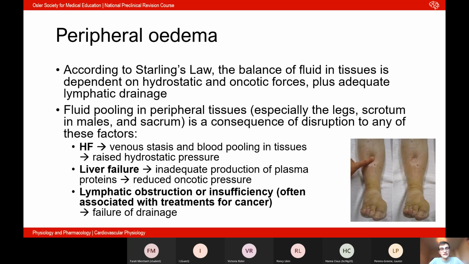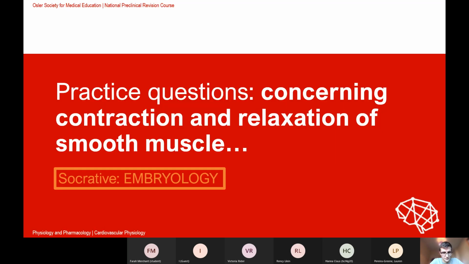If you have liver failure, then you're going to have reduced plasma proteins, which reduces that oncotic effect so that you're not drawing water back in. Therefore you can get this edema, and that's a really important sign in either liver or heart failure. And then if you have obstruction or a problem with your lymphatic system, which is really common when people have had surgery or radiotherapy to remove a cancer, say, then you're going to get failure of drainage, and you're going to get a similar effect.